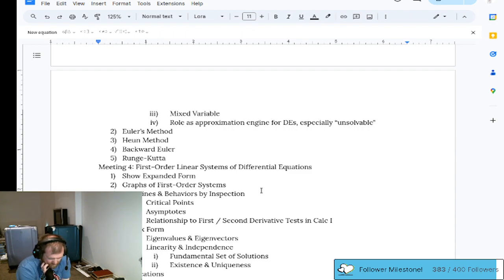They have the Wronskian and linearly independent solutions, linear differential equations and non-homogeneous equations before they do second order stuff. But then way later, they also have reduction of linear differential equations to systems of first order equations.